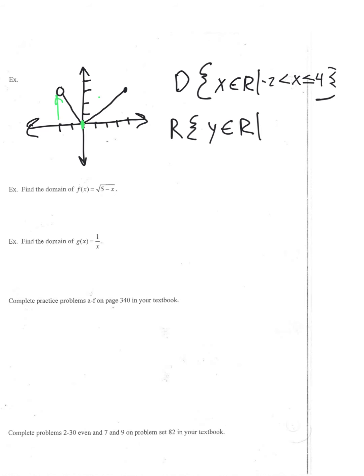And our highest value, it looks like, is going to be at 3, if we kind of follow this dotted line here. So it's got to be between that dotted line and the line right down here, which the way that we would write that out would be that y is going to be greater than or equal to 0 and less than or equal to 4, like so.